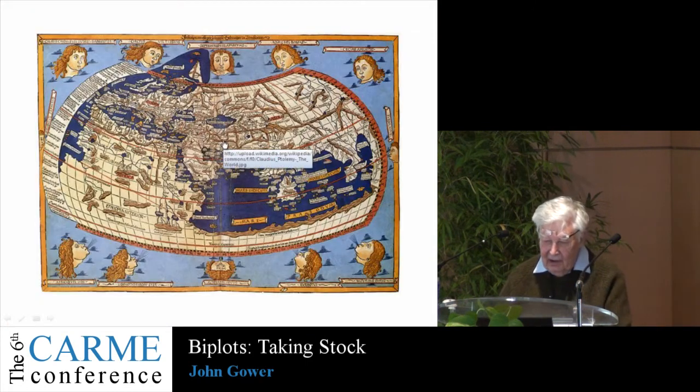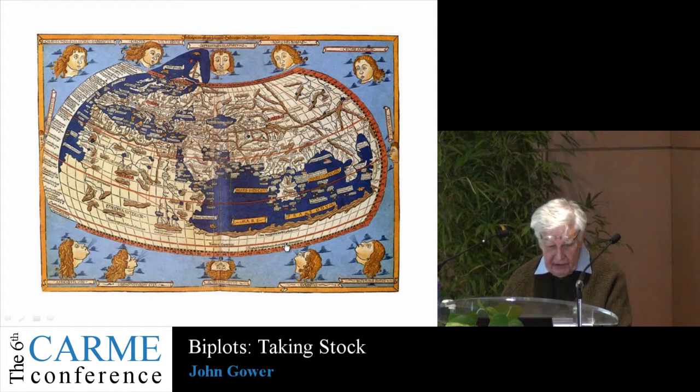Right. This is a later version, still pre-Columbian, so this is before America had been discovered. You can see the grids on here much more clearly, but it's noticeably much the same map as the much earlier one.